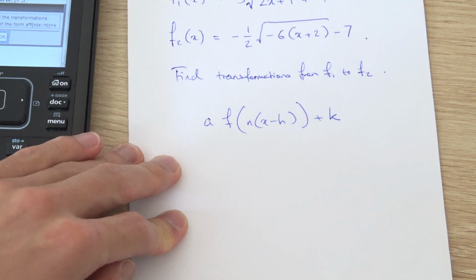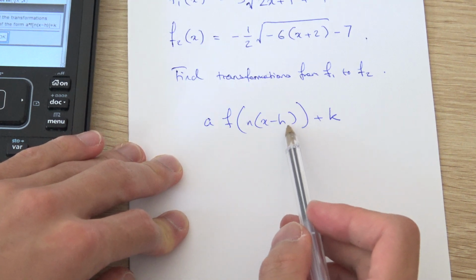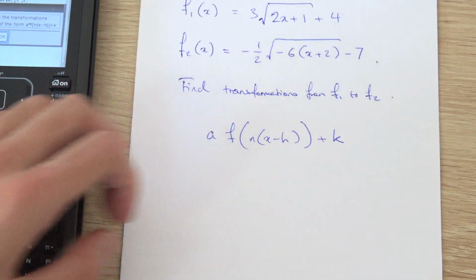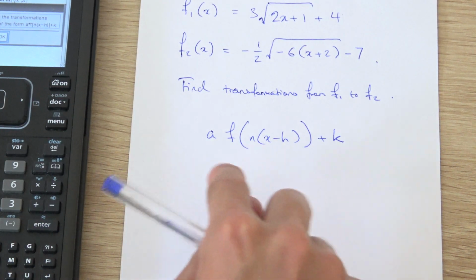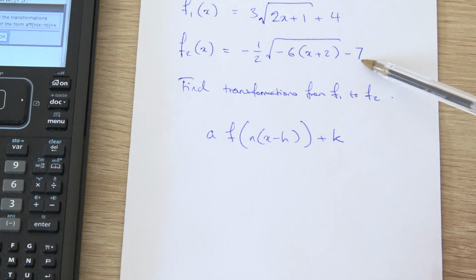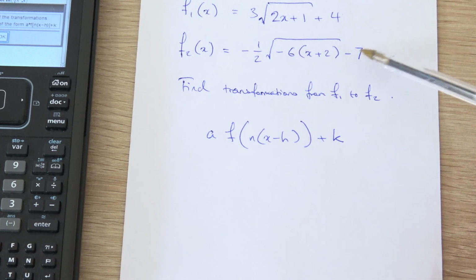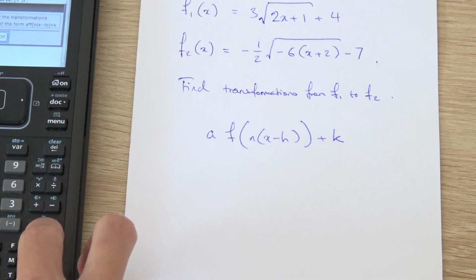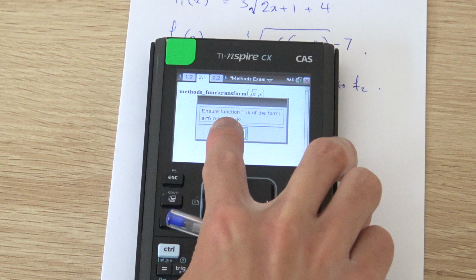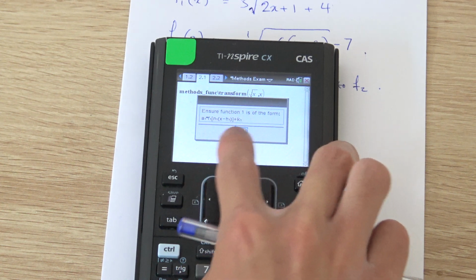You might have seen this form before, because you can pick apart each of these parameters and deduce the transformations from there. So this form is really important, and we want to convert both of these functions, or these expressions, into this form. Let's click OK, and the next prompt will tell us to ensure function 1 is in this form.